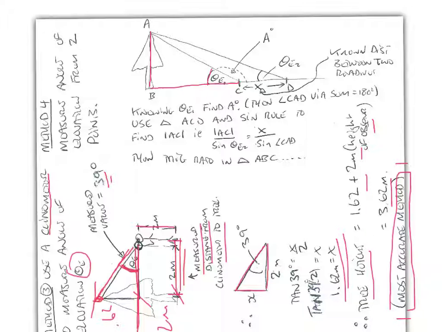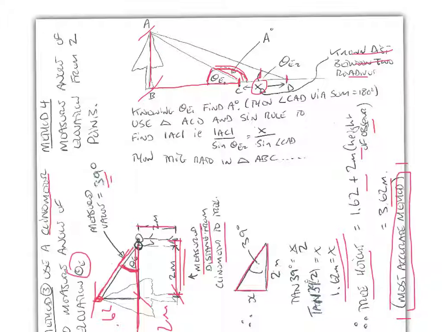The first measurement would be here at theta E1, and the second one at theta E2, and we would note where we take these observations from, at C and at D, and we'd know the known distance between those two readings. Okay, and how we would set about to find AB would be that we know what theta E1 is, so if we take that from 180, we'll find this angle in here, A degrees.